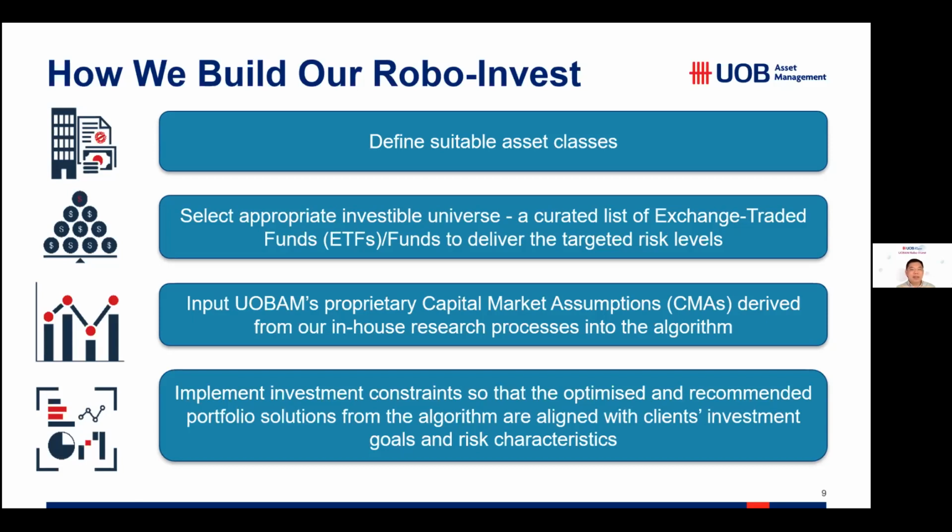The reason is this. Most people take the capital market assumptions of a textbook. For example, what is the expected return for equities? Most of them will tell you it is 8% over the long term. That's the basic textbook answer, right? We don't.